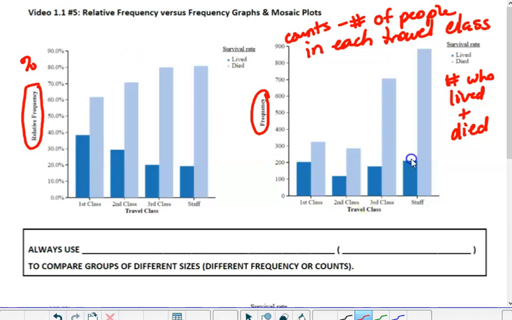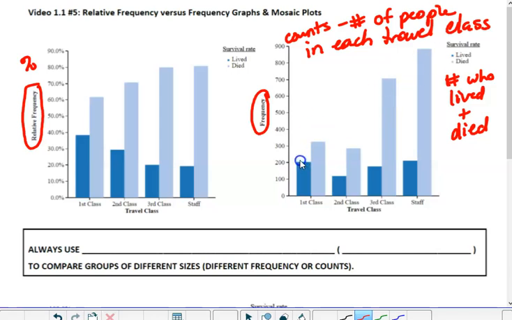Because when we look here, if we were specifically looking at the number of people who lived in each class, there's not a lot of difference. Until we look at the number of people who died in each class, when we see a great deal of difference. But it's hard to make a direct comparison because there's such a big difference in how many people total are in the class.